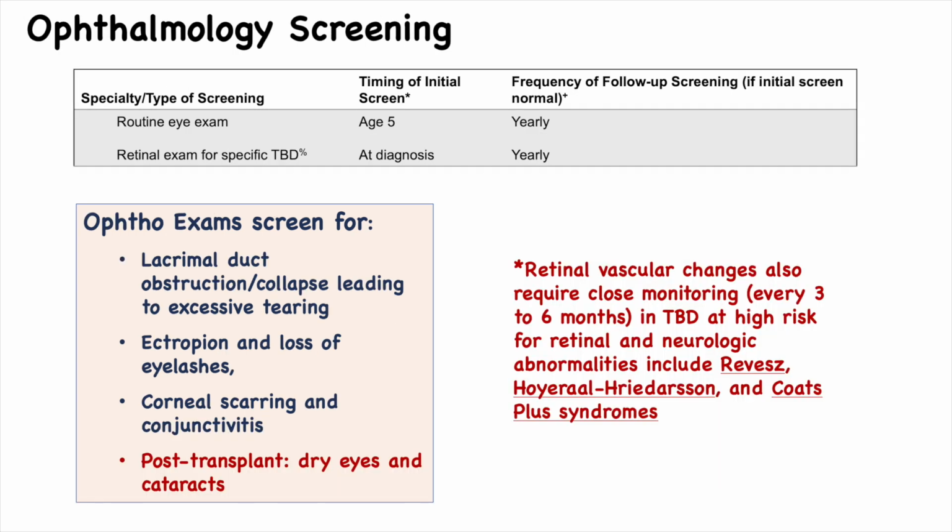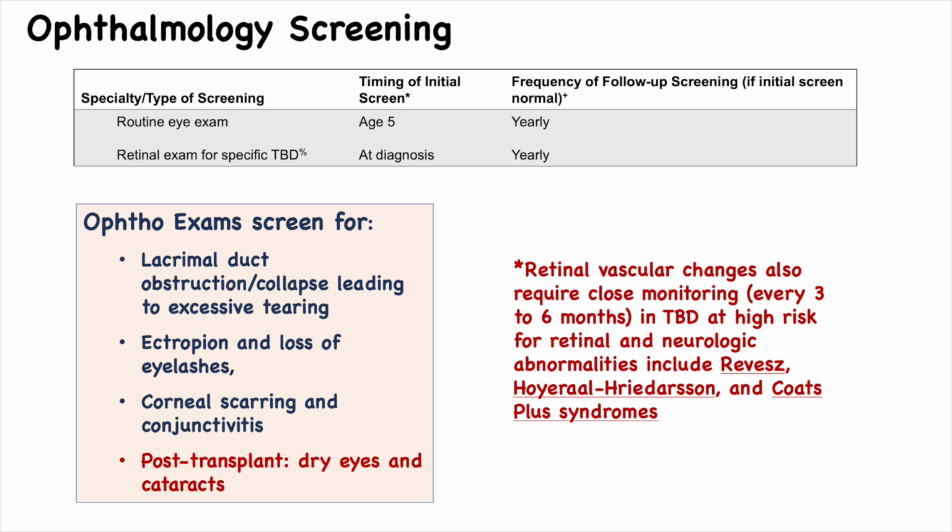Eye screening, routine eye exams by age 5, and then, as I was discussing with a couple of folks earlier today, retinal exams. Retinal exams are an important part of the screening, but specialized visits with a retinal specialist are recommended for certain types of telomere biology diseases, including Coats plus and Revesz syndrome.